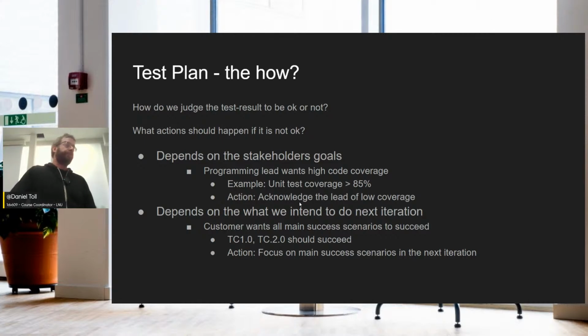I think the problem with automated measurements is that people are going to cheat even to fulfill such things. So I think that people should think that they should produce usefulness. Okay. The how also depends on what we intend to do in the next iteration.